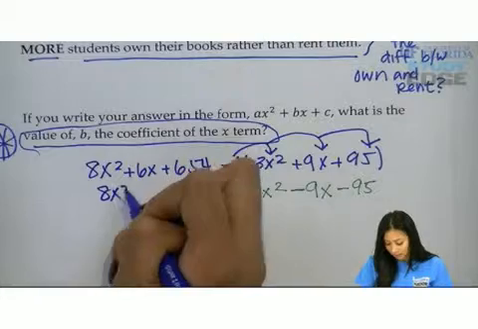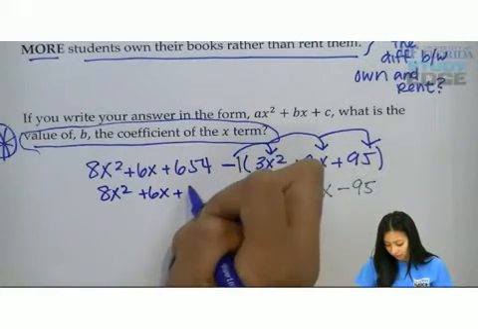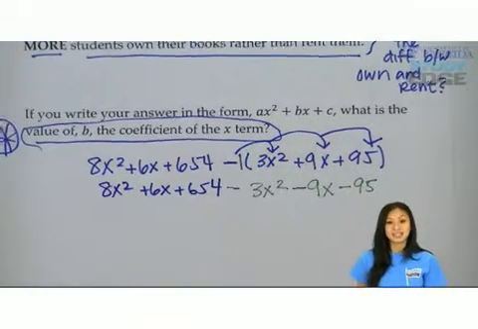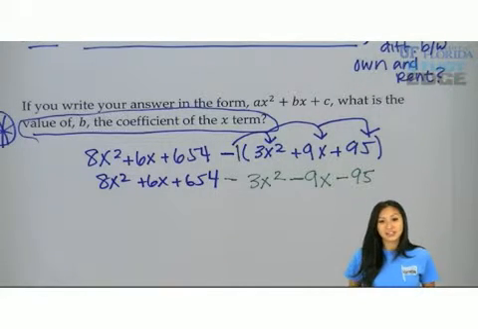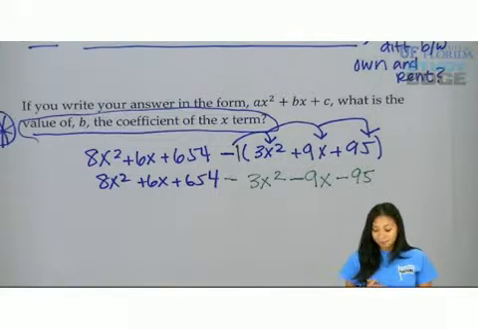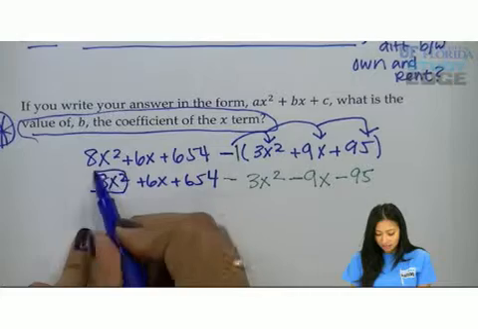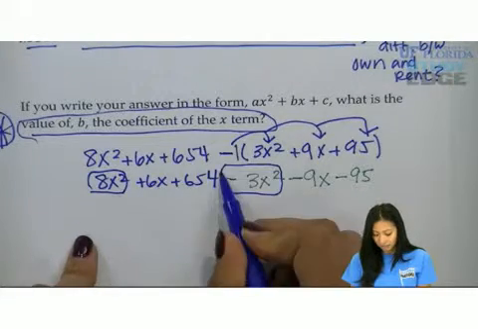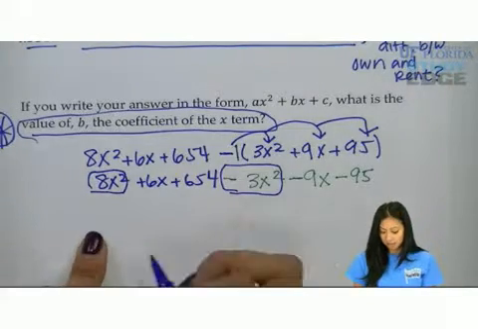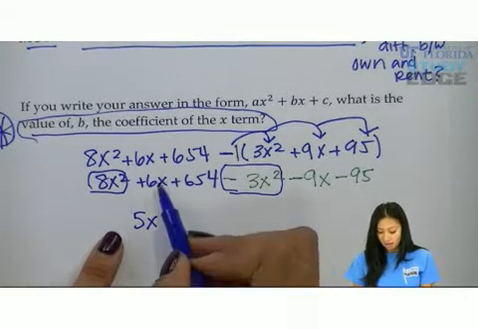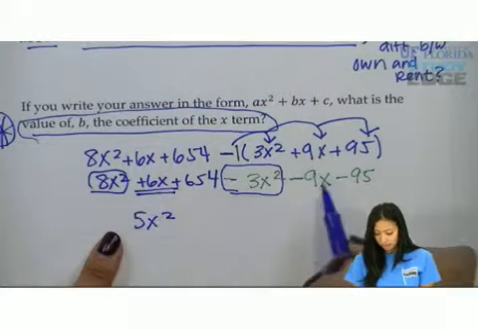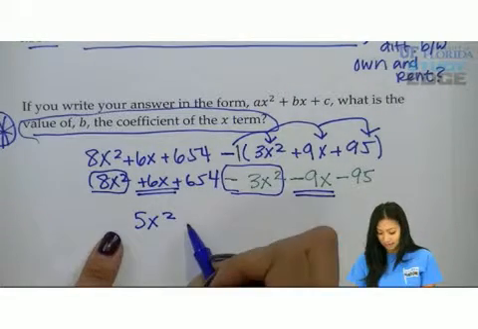Now I'm just going to bring down 8x squared plus 6x plus 654 because that didn't change. All right? And now all I have to do is combine like terms. Now, I'm going to look, 8x squared goes with negative 3x squared. 8x squared minus 3x squared is 5x squared. 6x minus 9x is negative 3x.